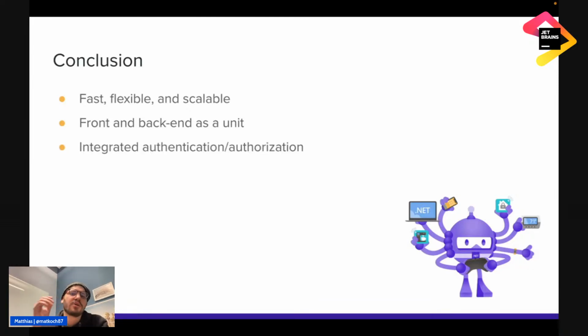Also, you have these integrated authentication providers, which is nice because we live in 2022, and no one likes if you have to register first and stuff like this. So you can use GitHub, Twitter, and whatnot for authentication.